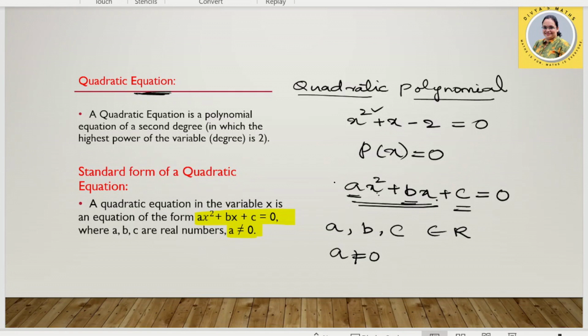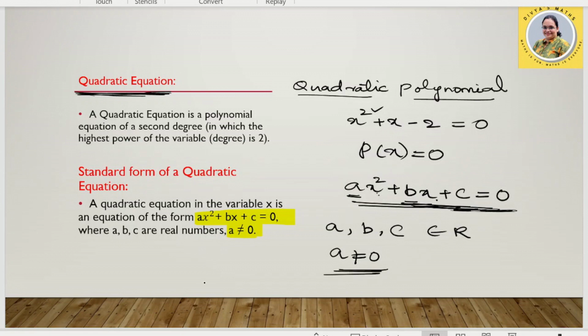Then the whole term will be 0, and you will remain with bx plus c is equals to 0, which is a linear equation. In this chapter we will be discussing quadratic equations, so a should not be equals to 0.